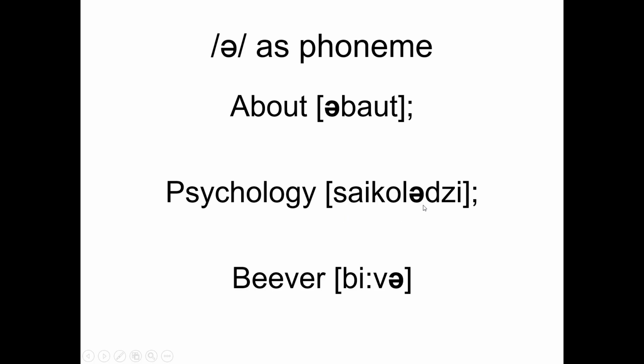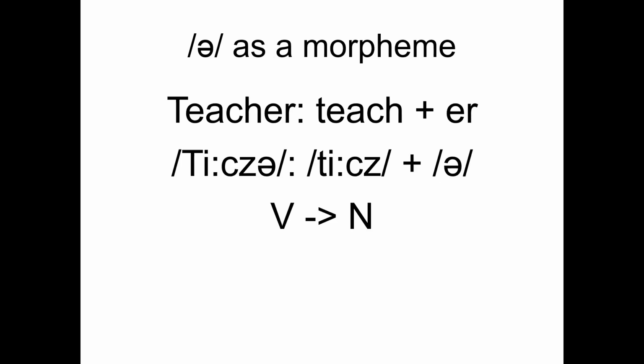This is not a morpheme because it's just a part of the word, of the discipline psychology, just a phoneme. Or look at beaver. These are the culprits that caused our dikes, riverside dikes, to burst when we had the floods. Beaver. The schwa is not used as a morpheme in this case. The schwa is just a part of the word.